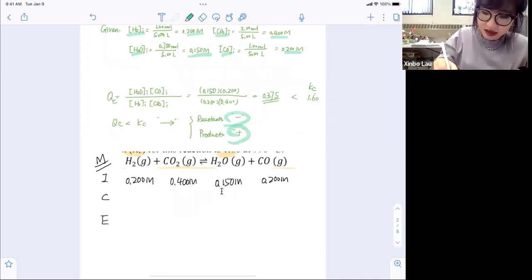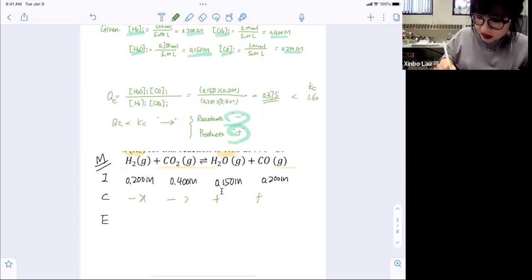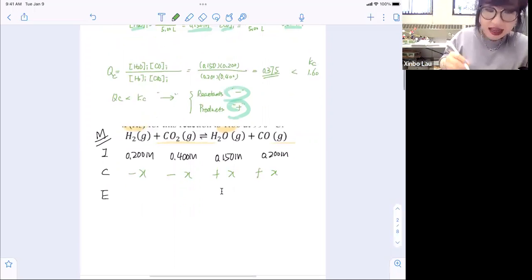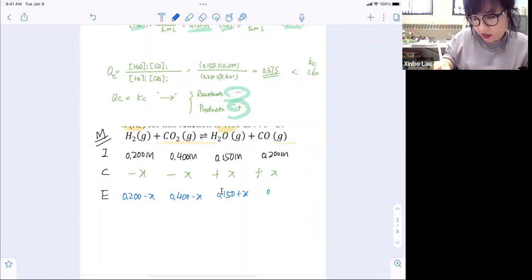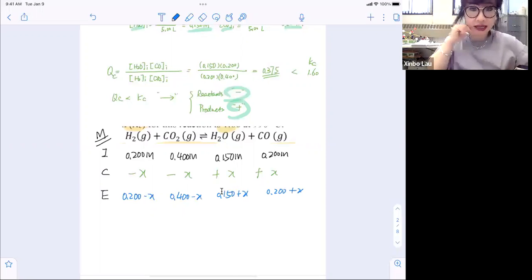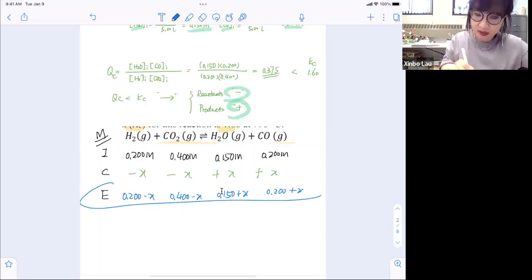So the reactants are gonna have negative signs, negative, negative. The products will be positive, positive. So negative x, negative x, positive x, and positive x. Then at equilibrium, what do you have? 0.2 minus x, 0.4 minus x, 0.150 plus x, 0.2 plus x. So we have this at equilibrium now.